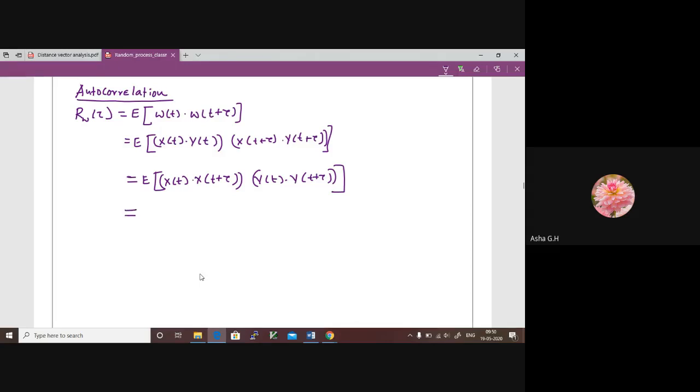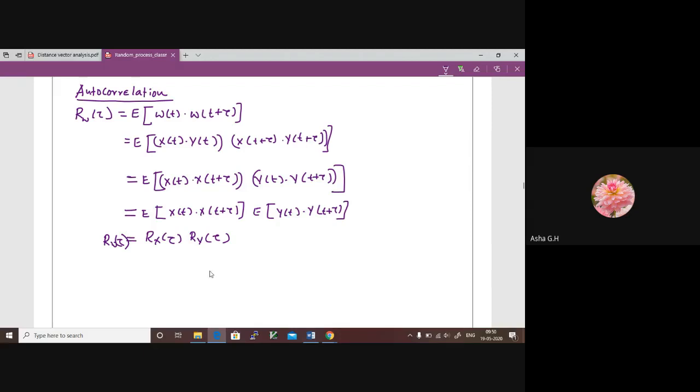So I can just take it as expectation of x of t into x of t plus tau and expectation of y of t into y of t plus tau. So this will be equal to the autocorrelation function of tau of x and autocorrelation function of y. Okay, I hope this is clear.